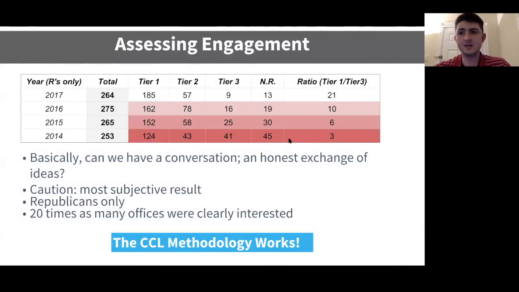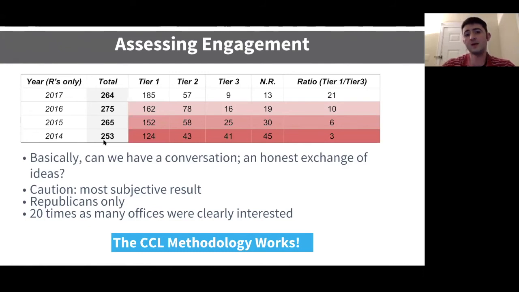So the second section that will be on this one-pager is assessing engagement. And here's a table summarizing data from the 2014, 2015, 2016, 2017 assessments that I did. Looking at this table, this is for Republicans only. You can see in that leftmost column the total number of Republicans that we met with.